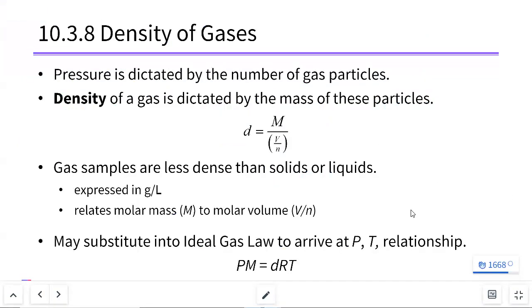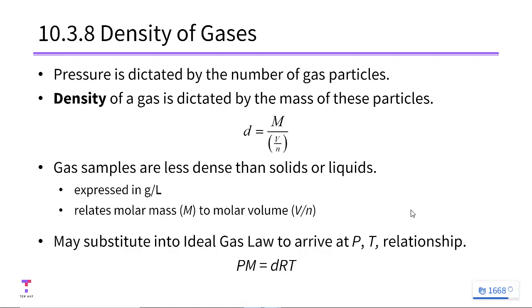Okay, so a direct application of the ideal gas law is in the determination of density. So density, we know, is mass over volume. Now, with that in mind, it can be a little bit difficult when it comes to gases, trying to figure out how to determine the mass of a gas and how to determine the volume of a gas.